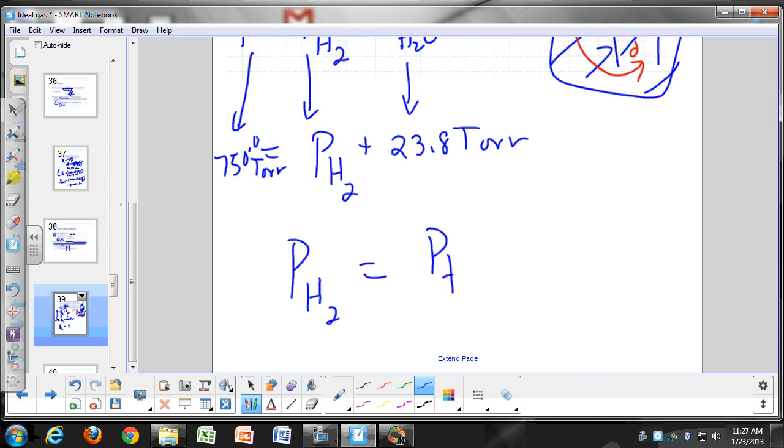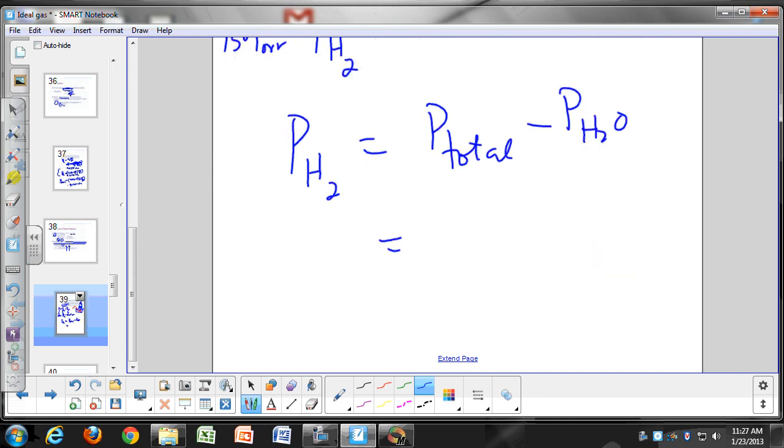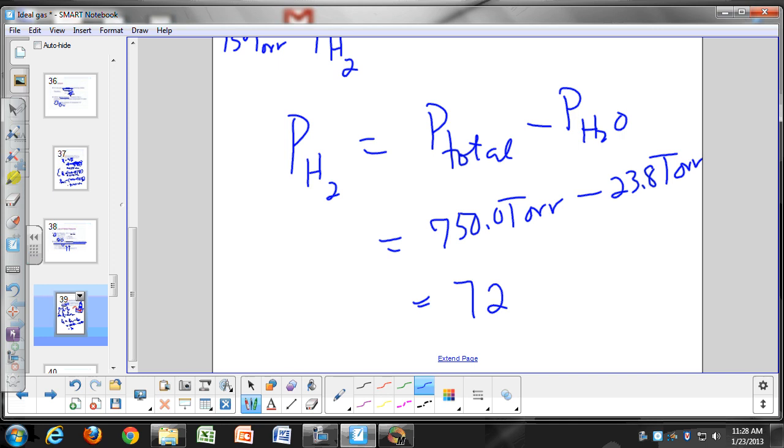It's just the total pressure minus the partial pressure of water vapor. So 750 torr minus 23.8 torr. So that should give you how much? 726.2 torr.